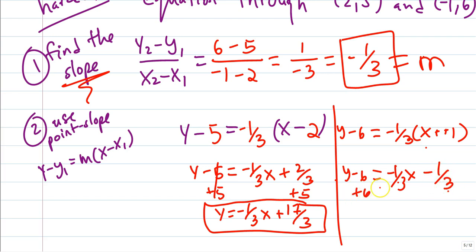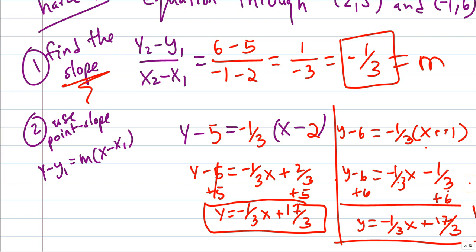If I add the 6 this time, with a common denominator of 3, y would equal -1/3 x plus 17/3. It should work for both, because keep in mind, this is the equation that goes through both of those points, so either one should work, okay?